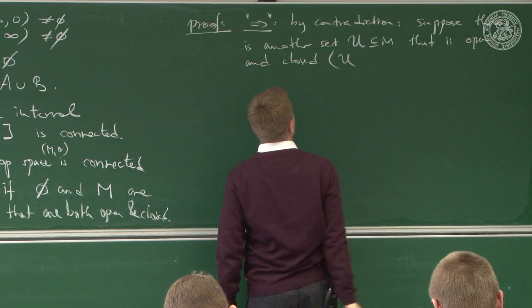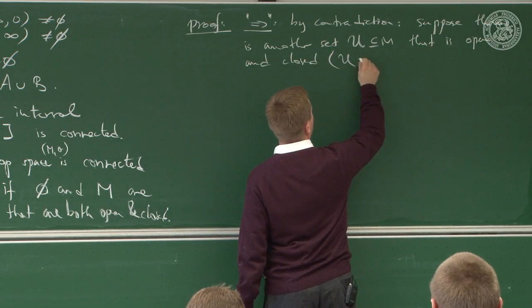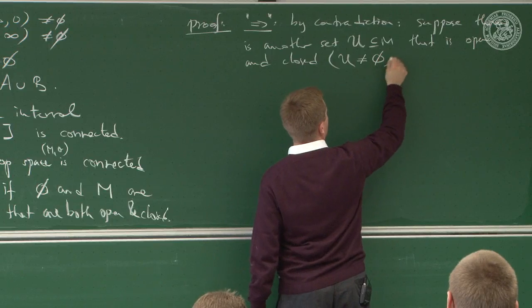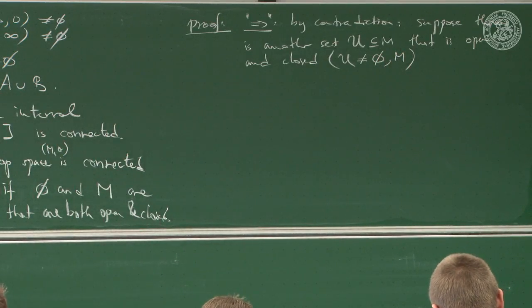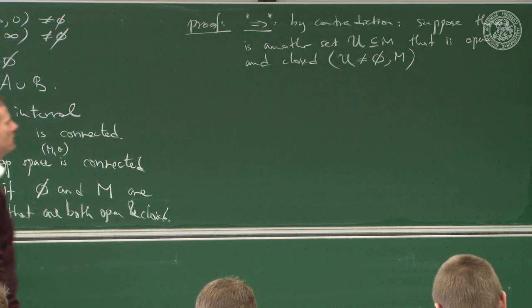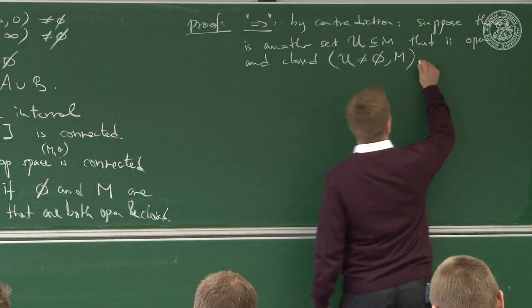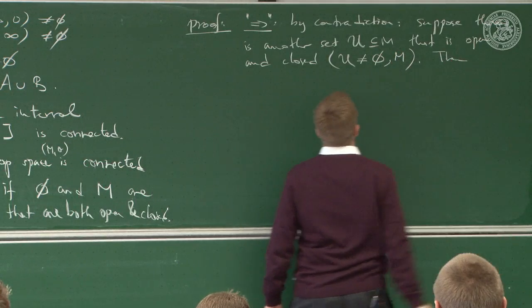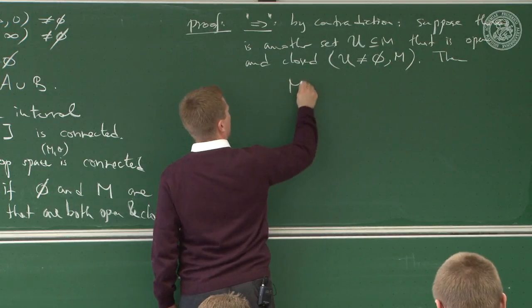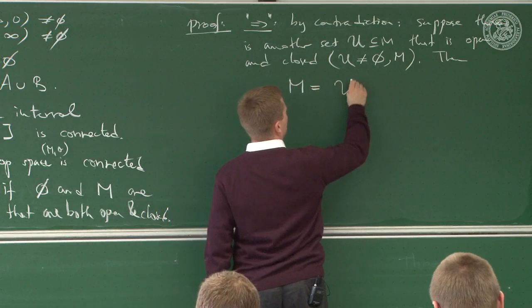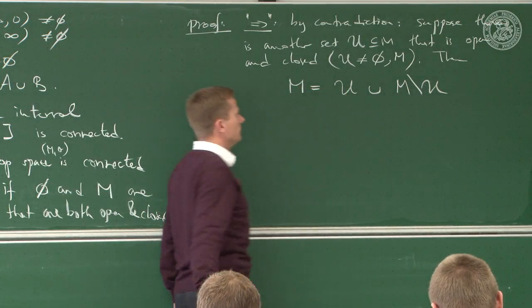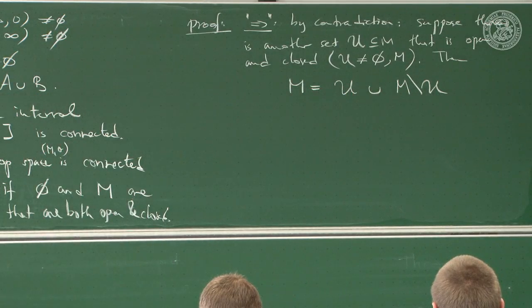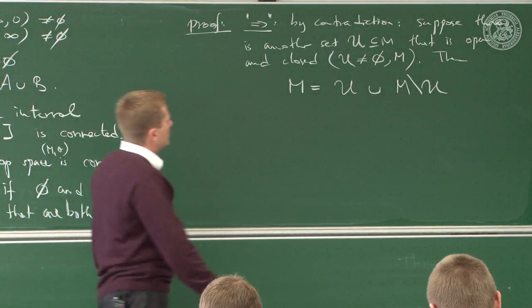And obviously, by another I mean U is not the empty set and U is not the entire set. Suppose you got such a set, open and closed. Then you can write M equals U union M without U. Well, that's always true for any subset.